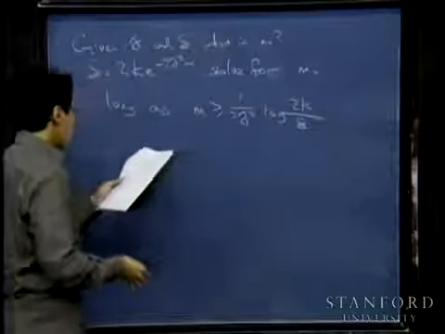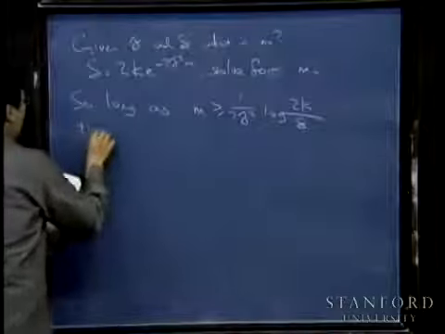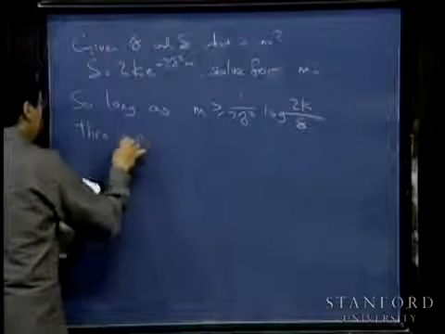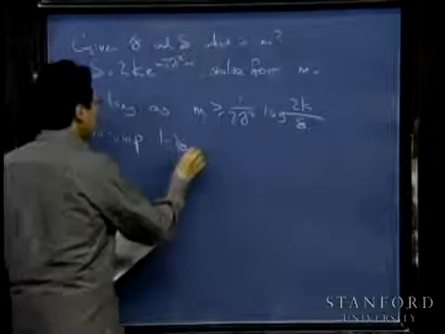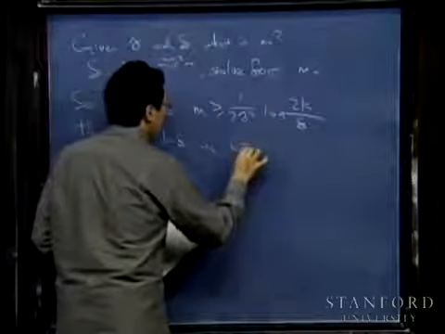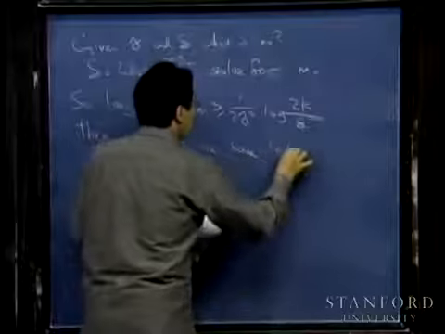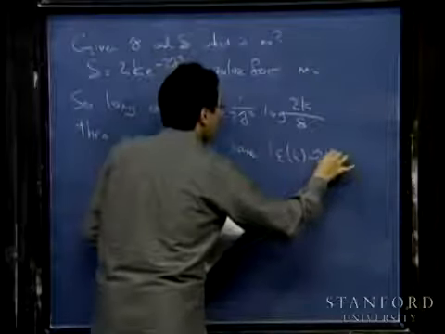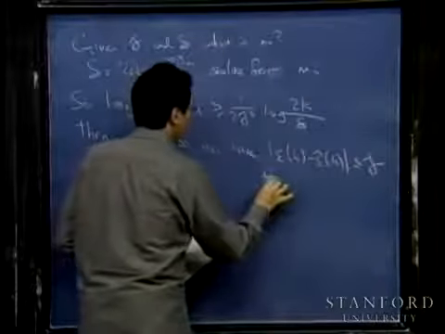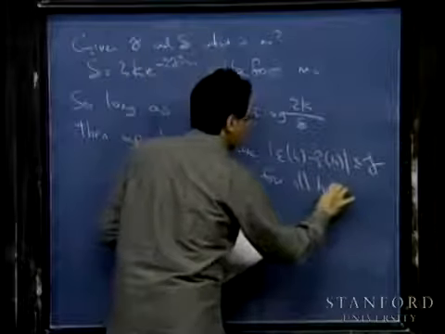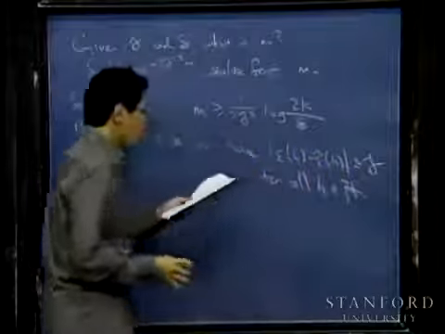so long as m is greater than or equal to this, then with probability, which I'm abbreviating to WP, again, with probability at least 1 minus delta, we have, for all hypotheses, that training error is within gamma of generalization error.